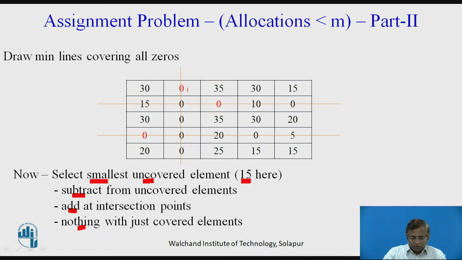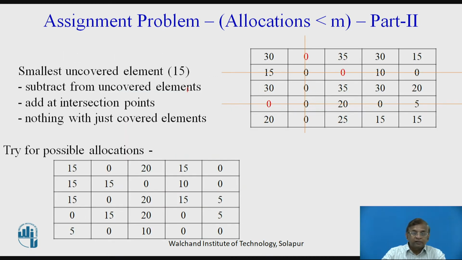So this is what is given in the next slide here again, and you can check the values. 30 is uncovered, so from that we subtract 15 as the least element, so 30 minus 15 we get 15 here. Then again row 1 column 2, the element is 0 which is just covered by the line, do nothing there, so that 0 remains 0 as it is.